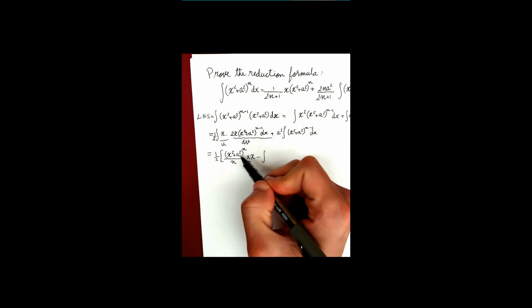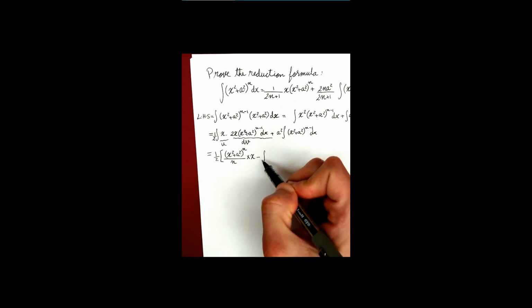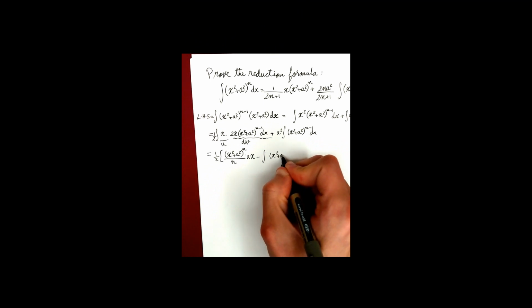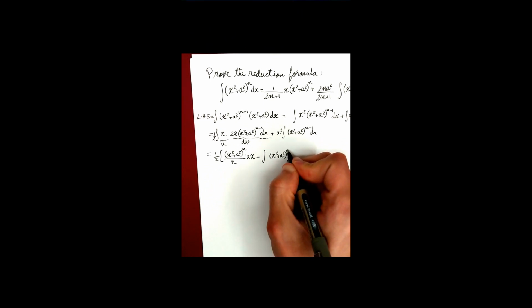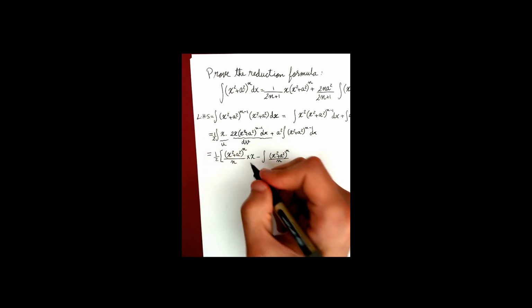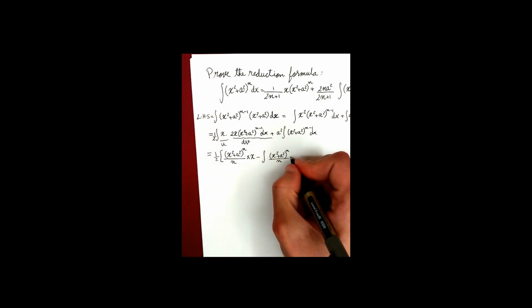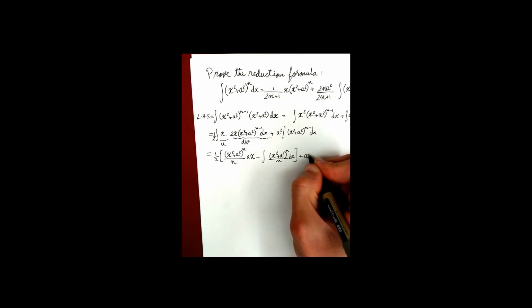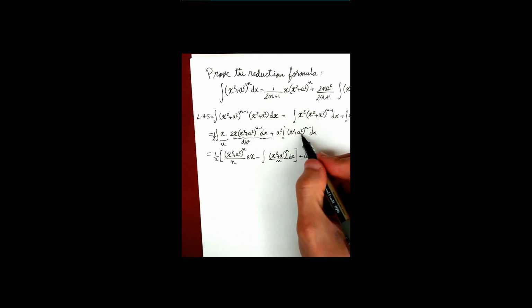So here is the u, here is the v, minus integration v, which is x square plus a square power n over n, v du, the differentiation of x, which is dx, the differential. So this would be plus a square times this integral.